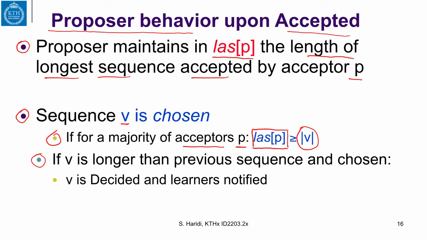So if V is longer than the previous sequence and V is chosen, then V is a new decided sequence, and therefore the learners should be notified.